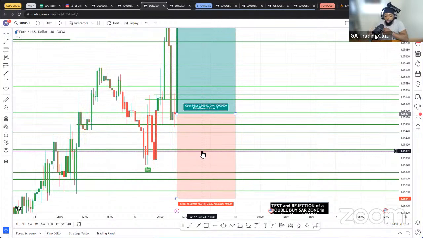So with EU, you may have a little bit more leeway to enter the trade a bit further from your SARs than gold or US 30.